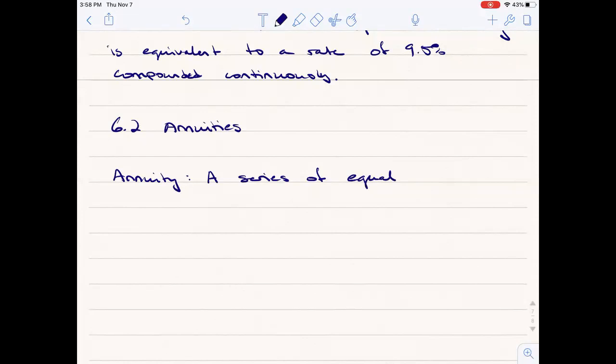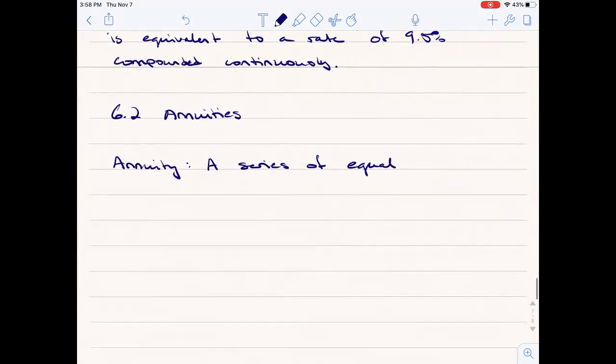You had to solve for X: what are the equal payments if we want to have a total of $10,000 at the end of 4 years, and things like that. And like I said, the methods that we've covered already, yes, you could use those, but they would be very, very tedious.